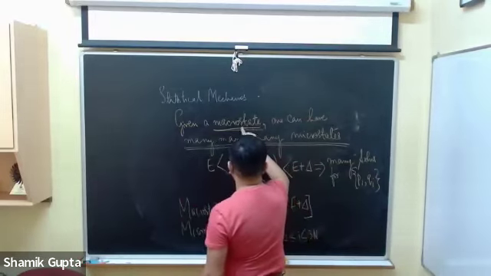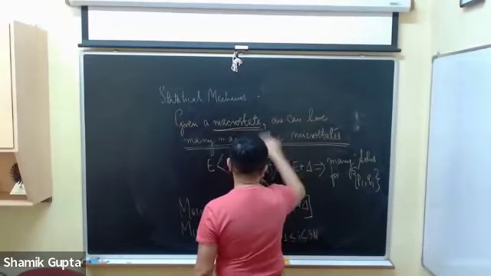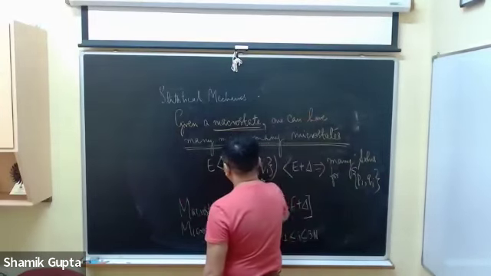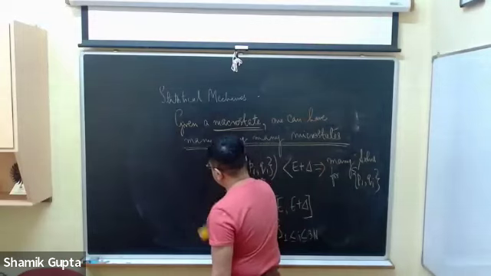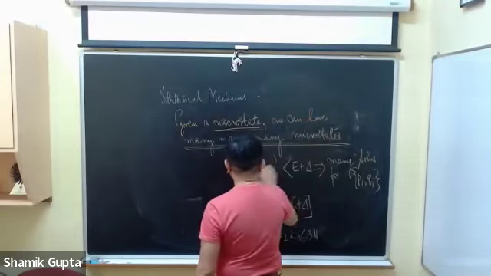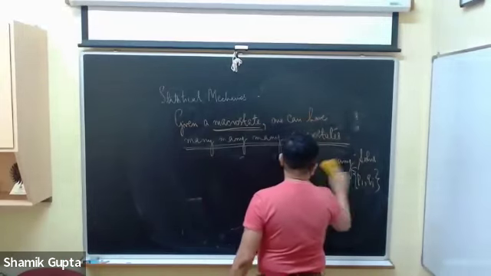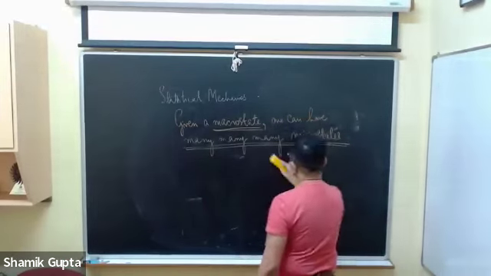So given that for a given macrostate you have many different microstates, a convenient way to represent the microstates is to introduce the notion of a phase space. So what is a phase space?